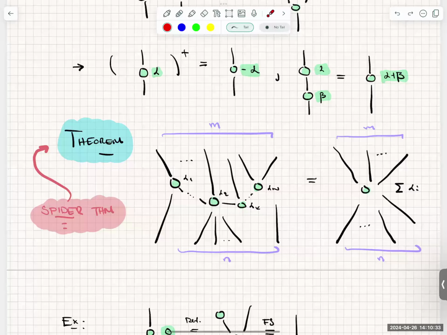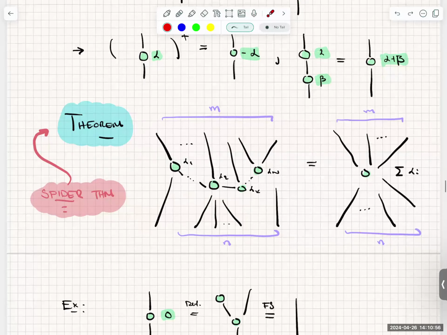This is called the spider theorem. It tells you there's a normal form for diagrams of this form, where I can condense all of these green elements into a single green element, which is the sum of all the phases. We keep the input and output structure the same, so there's still m inputs and n outputs.